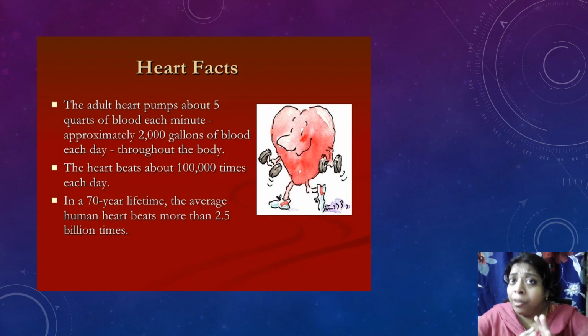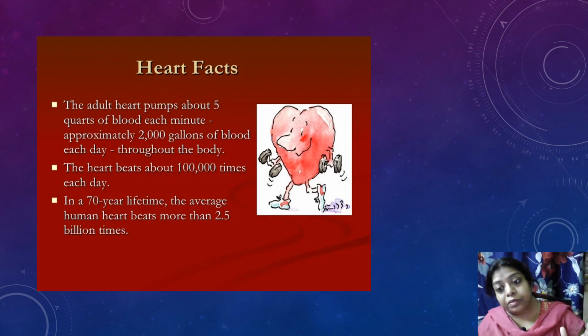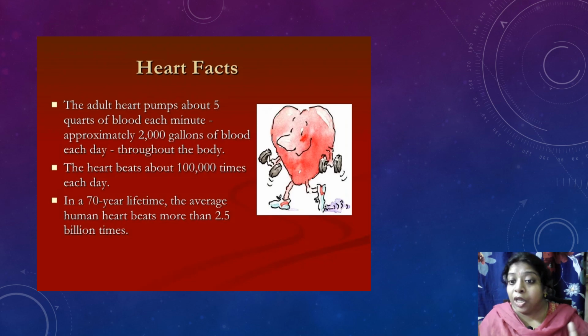The pressure of the blood which is seen inside the artery during the ventricular relaxation, first ventricular contraction, then ventricular relaxation, is called the diastolic pressure. The diastolic pressure.